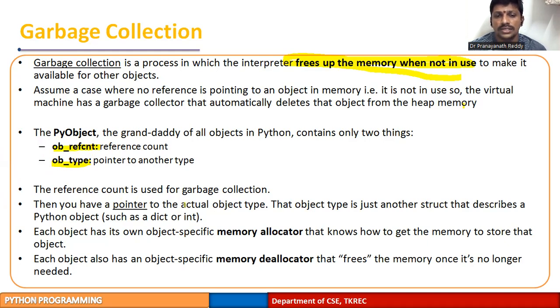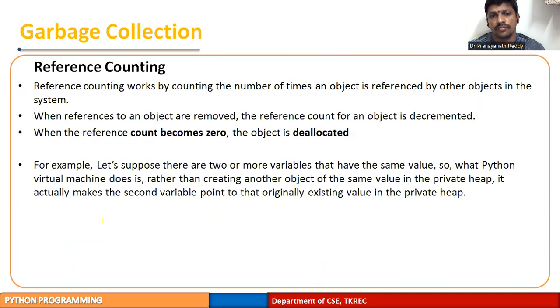Then you have a pointer to the actual object type. Object type is just like another structure that describes a Python object. Okay, if it is a dictionary or integer entity. Each object has its own object-specific memory allocated that knows how to get memory to store that particular object, and also deallocate the memory whenever it is not used.